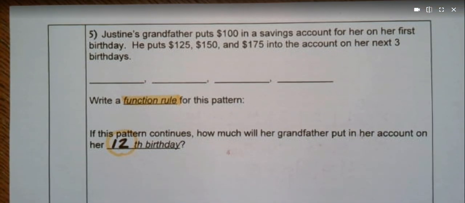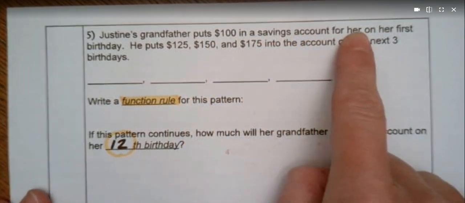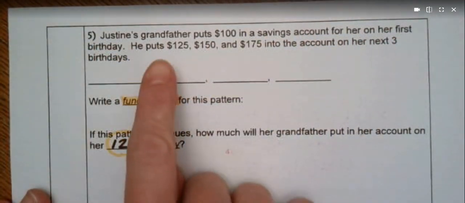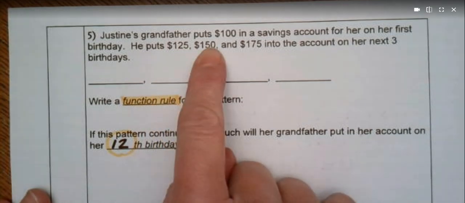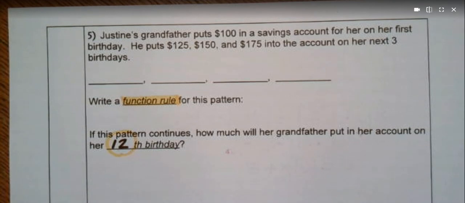Okay, on to the last one, number 5. Justine's grandfather puts $100 in a savings account for her on her first birthday. And then he puts 125, 150, and 175 into the account on her next 3 birthdays. Wow, it would be nice to have Justine's grandfather, right?